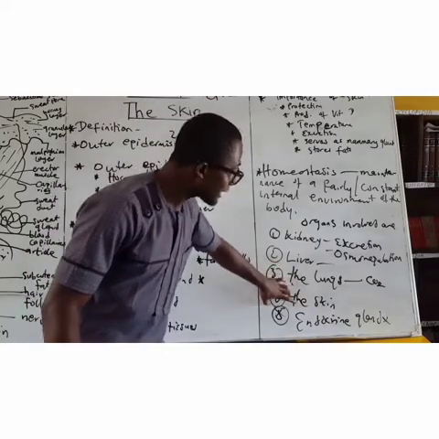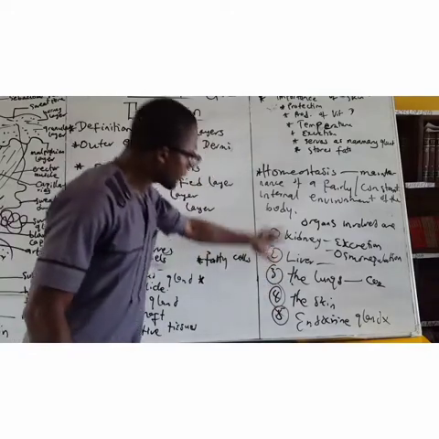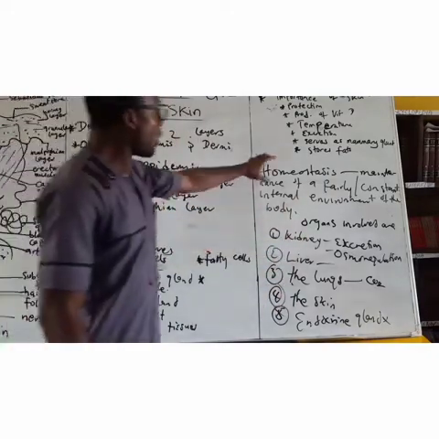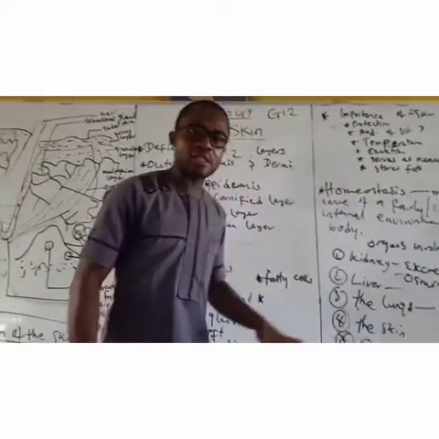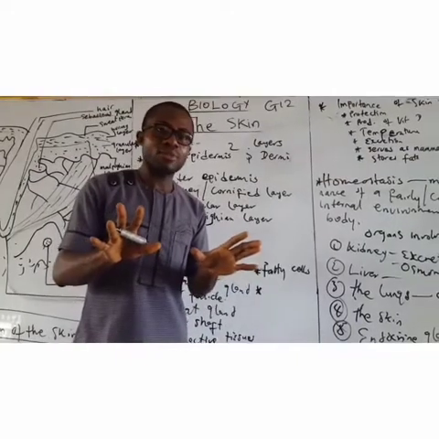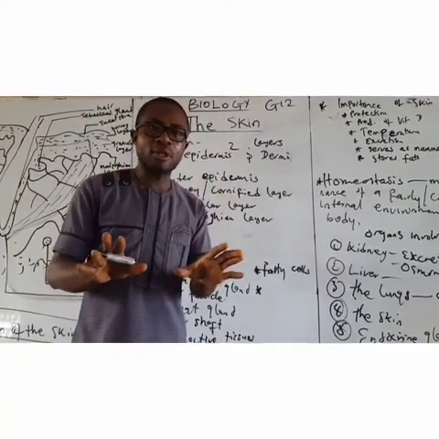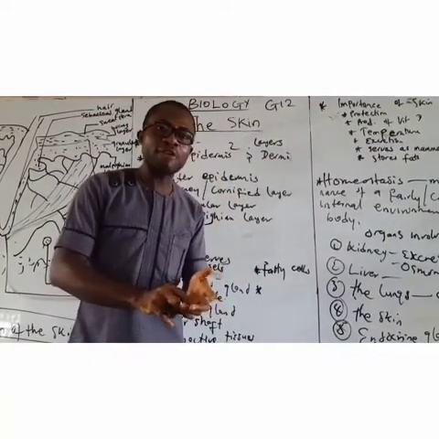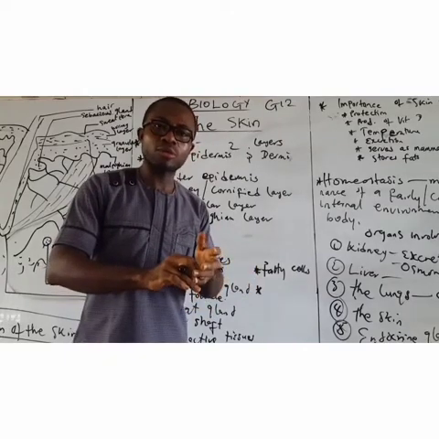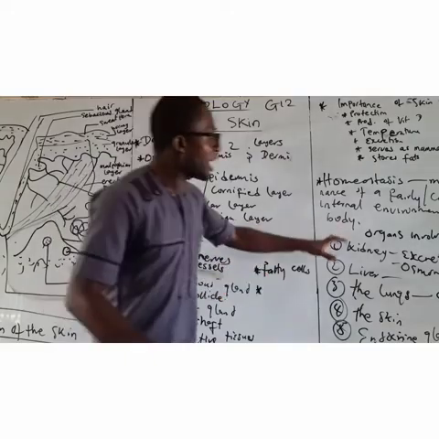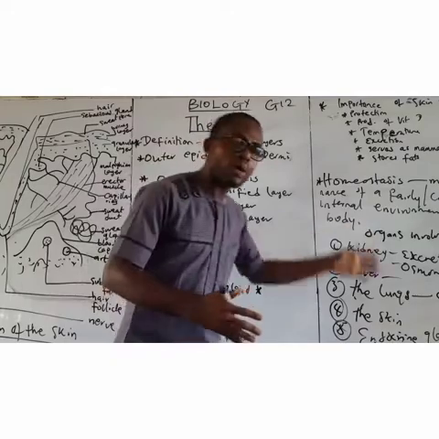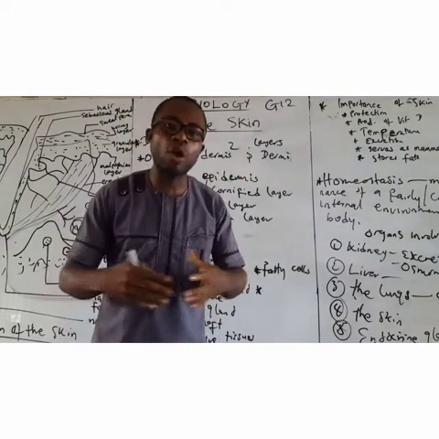So today we shall be looking at the skin. These five organs are involved in homeostasis, which I said is the maintenance. To maintain your body, whether the environment is bad or not favorable for the body, these organs will help to reorganize your body so that your cells and your organs or tissues can properly work well.